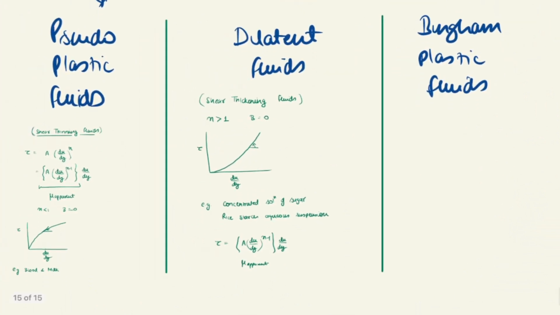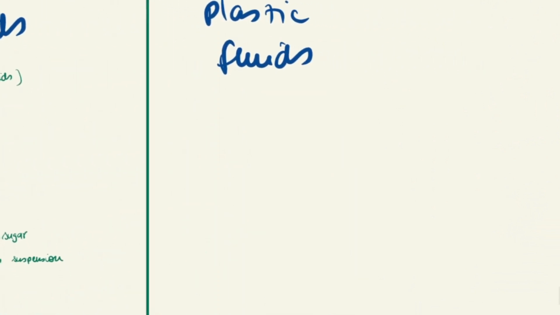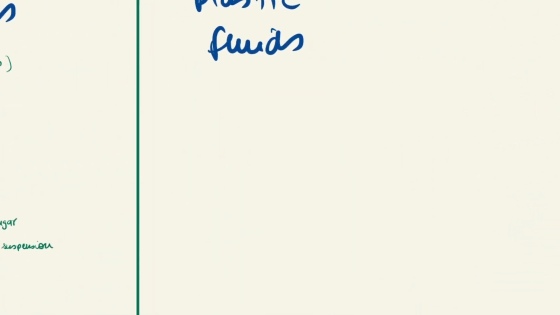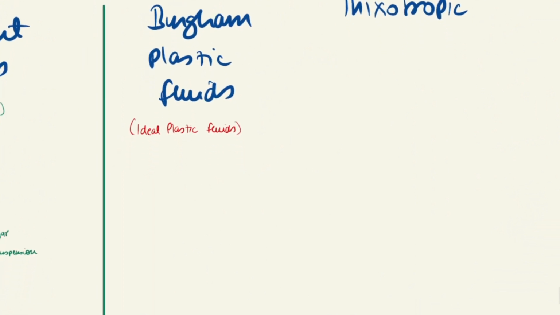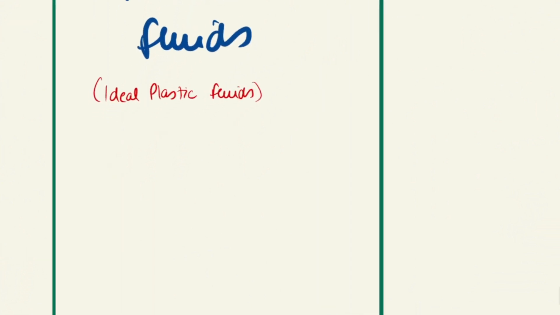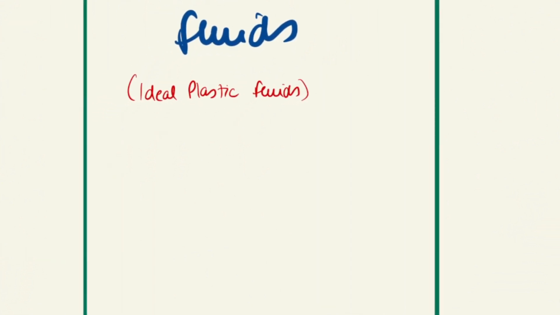Let's cover Bingham plastic fluids. They are also known as ideal plastic fluids. So let's write, they are also called ideal plastic fluids. Okay, let's use the demarcation. The equation would look something like this. The graph.